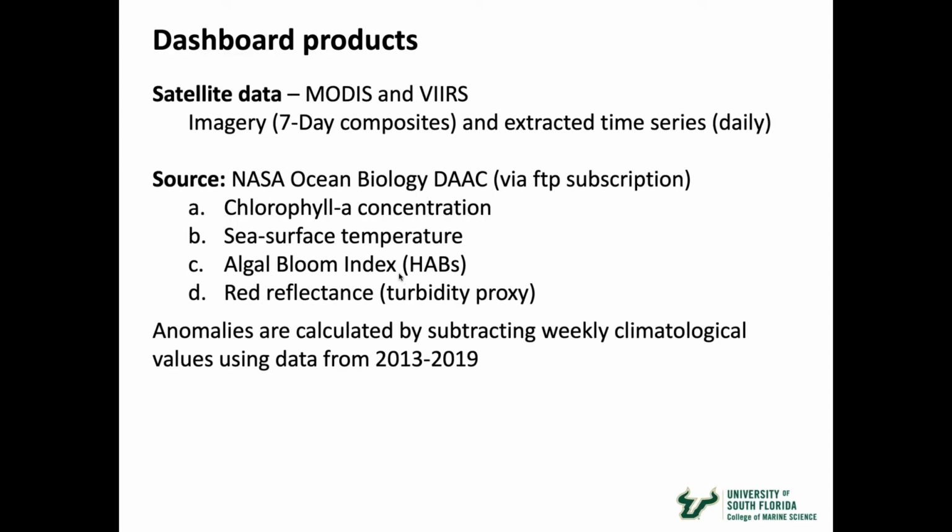So in terms of the products we have, primarily we rely on satellite data from the Otis satellite, and also more recently the VIIRS sensor. Otis has been up since 2002. It's reaching the end of its lifespan, but it's really been a workhorse for ocean color sensors. It's been going for 18 years now.